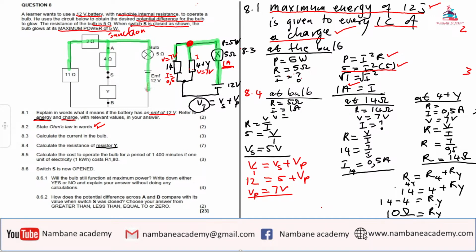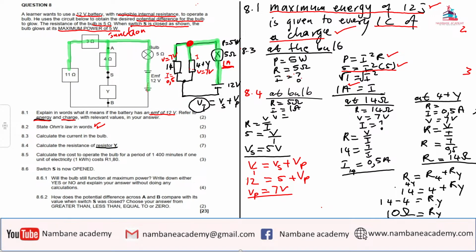Yes. Now check. We have V, which is the total, and we have the bulb. So the bulb will have its own potential difference because it's a device. Now we have the 14 ohm, which will have its own potential difference because it's another device.